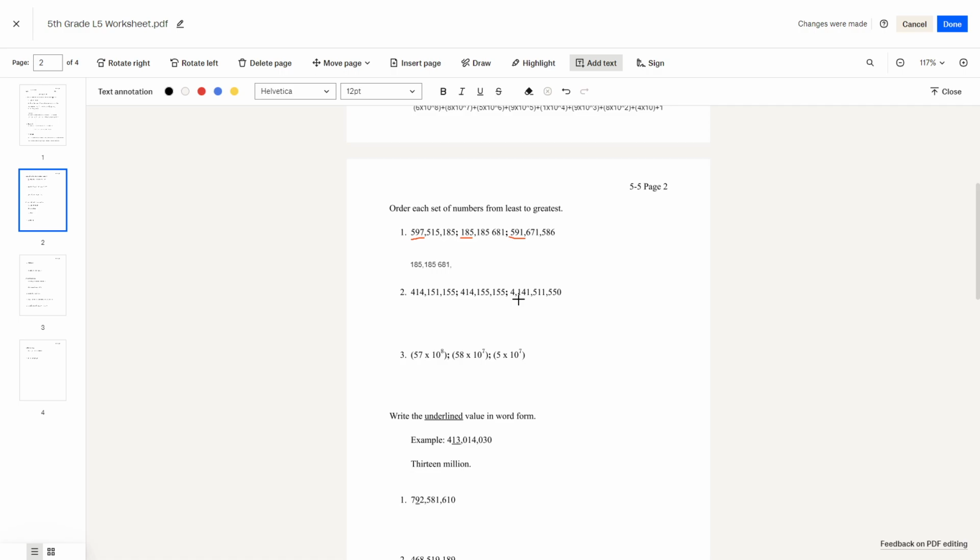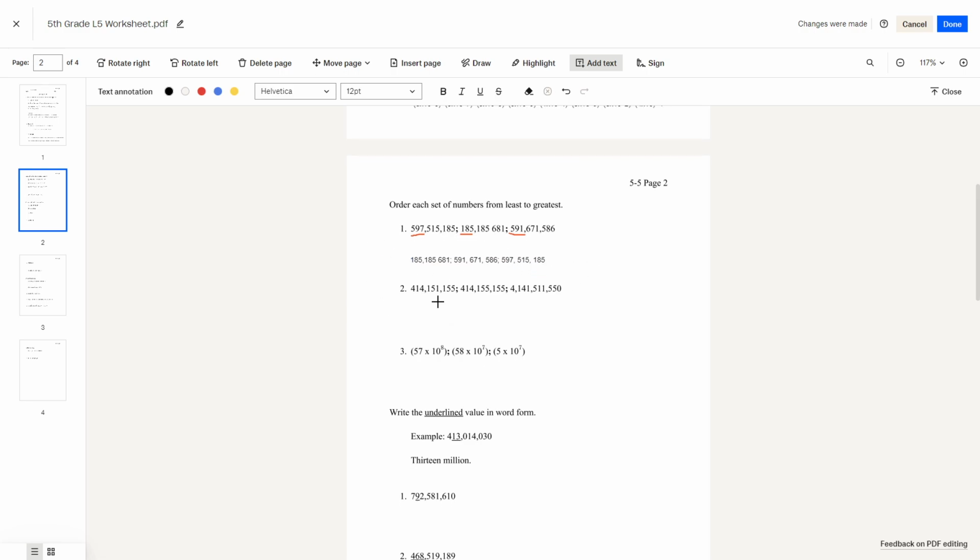The second smallest number will be 591,671,586, and the largest number is 597,515,185. To partition these, I will use semicolons.